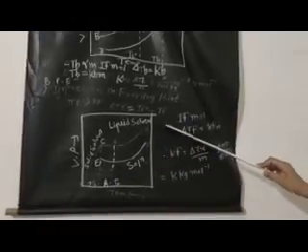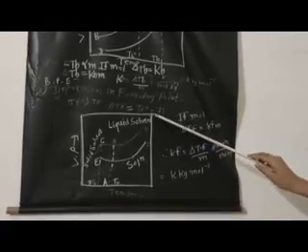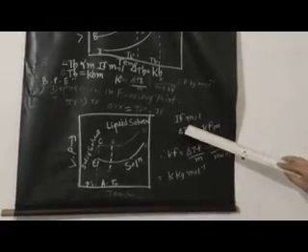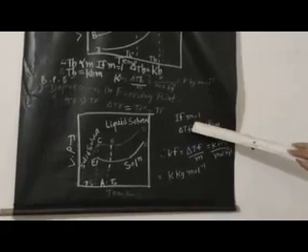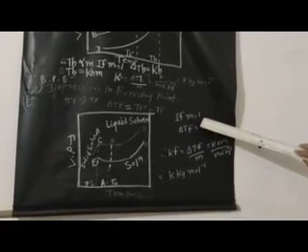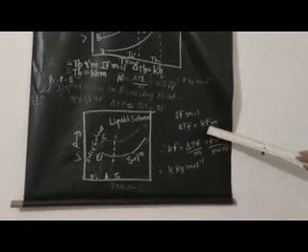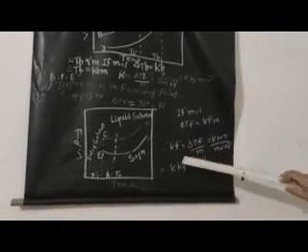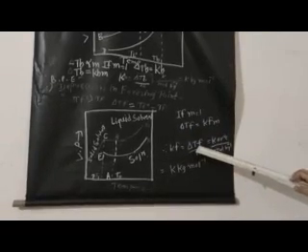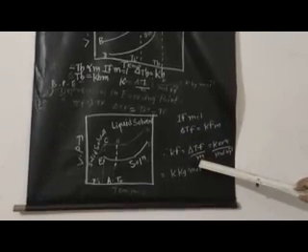From this graph, if the value of m, the molality, is 1, then delta Tf is equal to Kf m. Hence Kf is equal to delta Tf divided by m.